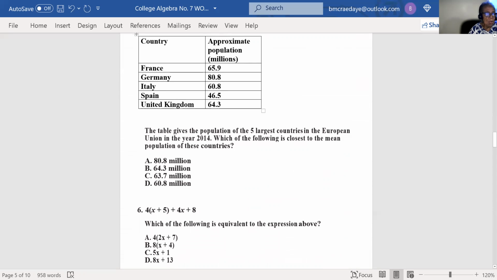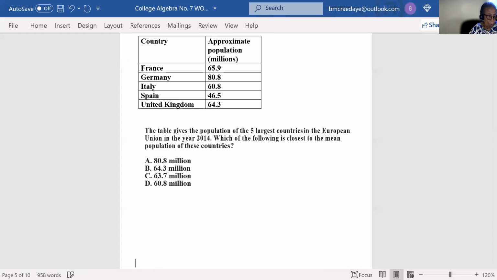So the mean, you add up all these numbers, and there are 5 of them. So then you divide by 5. Let's do it in steps. We don't worry about the order. We can just put them the way they are in the table.